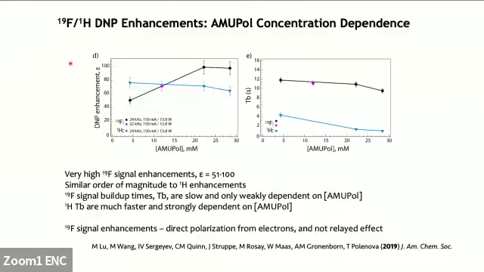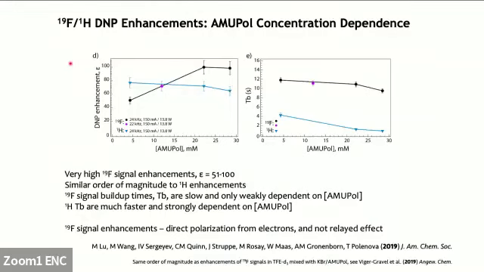Based on the build-up signal profiles as a function of the AMUPol concentration, we know that the signal enhancements are the result of direct polarization from electrons and not a relayed effect, because the build-up times for protons are threefold faster than for fluorines.